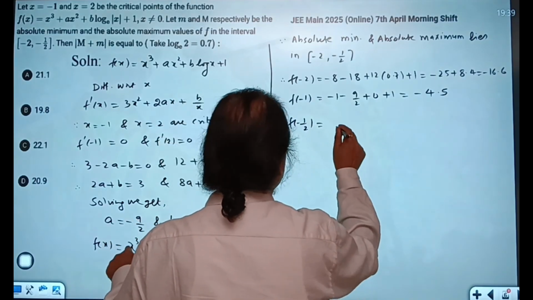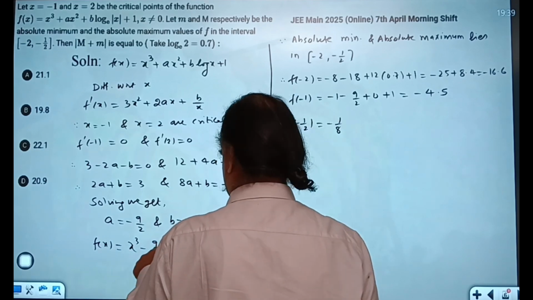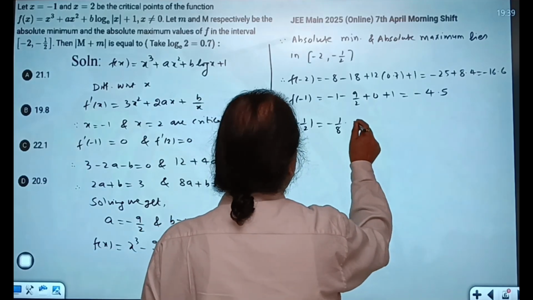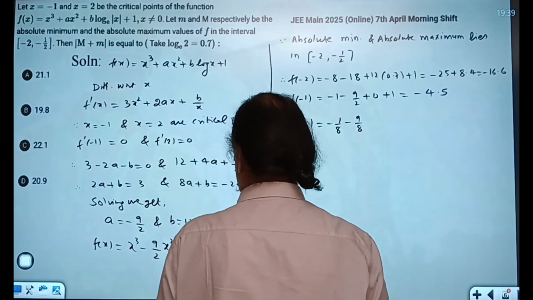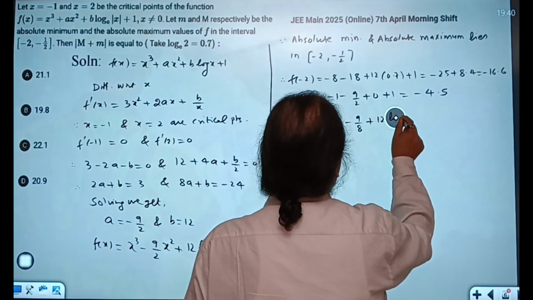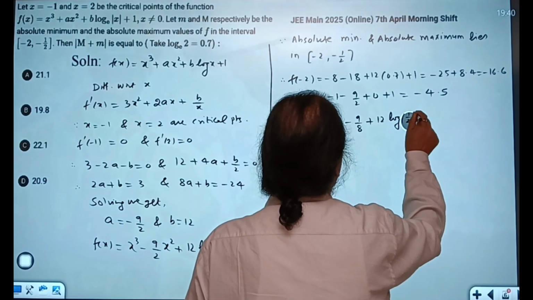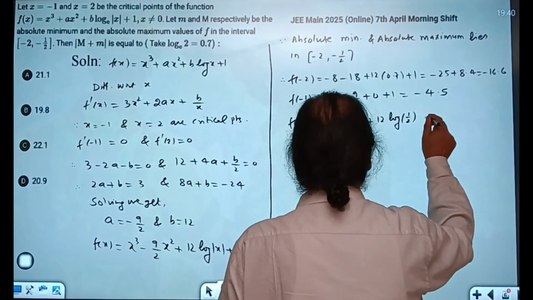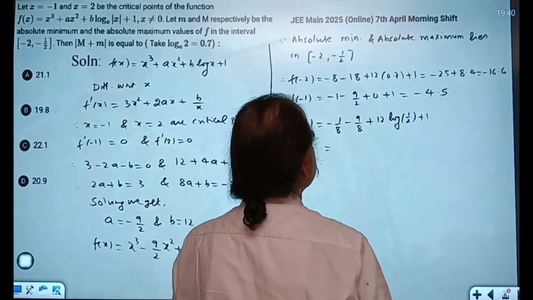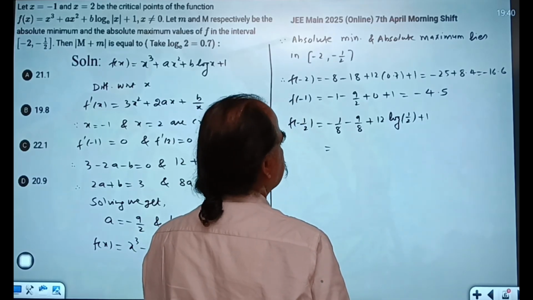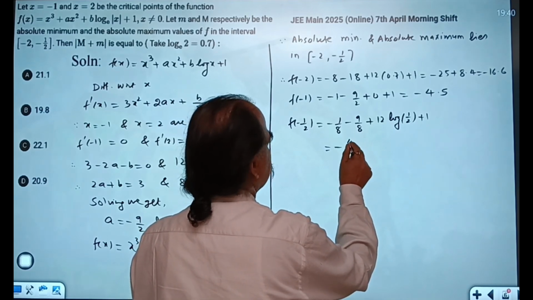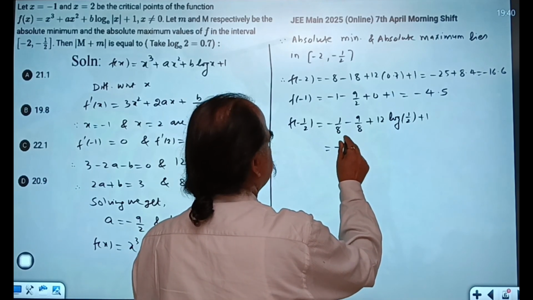Minus 1 by 8, minus 9 by 8, plus 12 log half. Modulus of minus half is half, plus 1. Which is minus 10 by 8. 10 by 8 is 5 by 4.